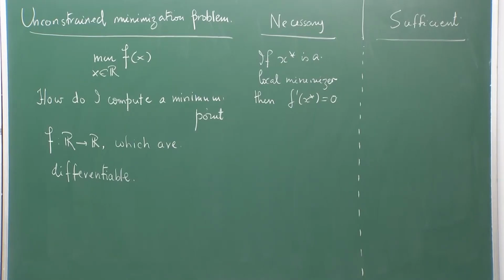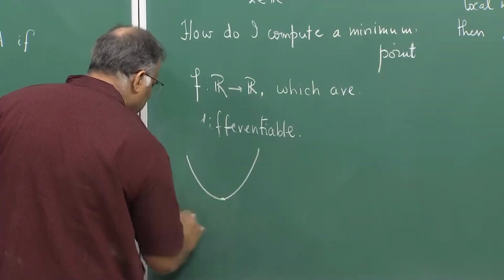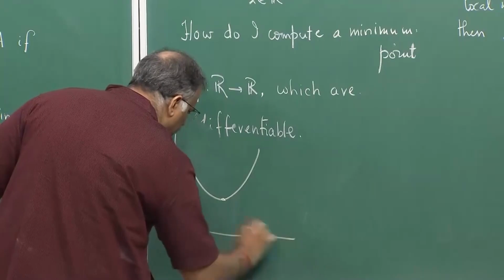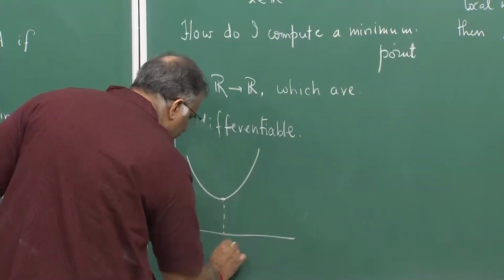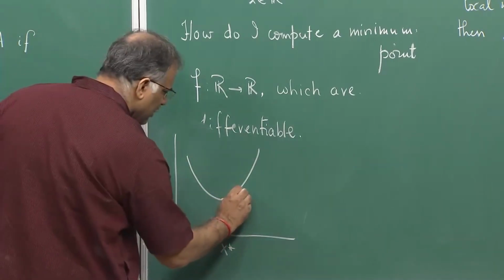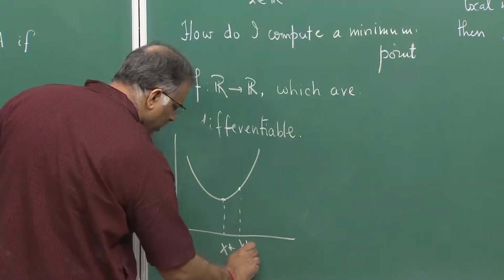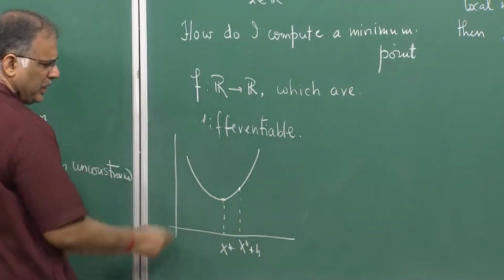So, suppose this is a local minimizer. So, x star is your point. Then take any other point nearby, say x star plus h, where h is positive, basically moving in the right direction.